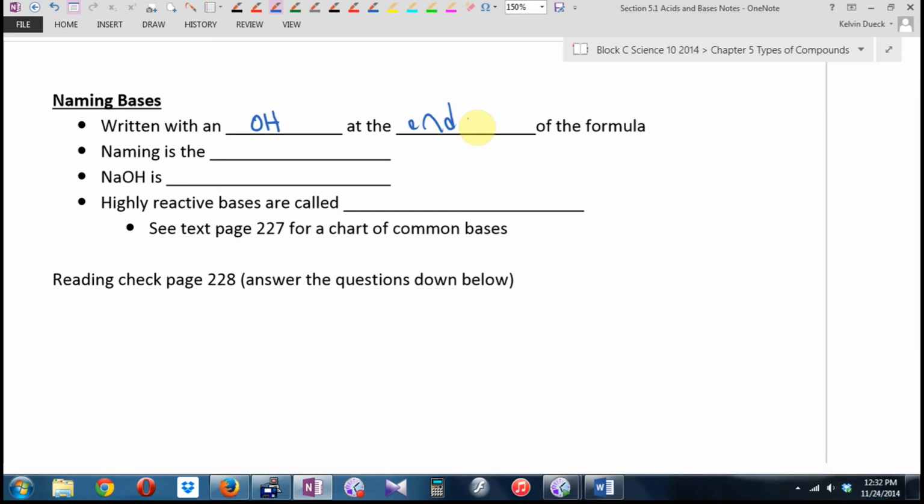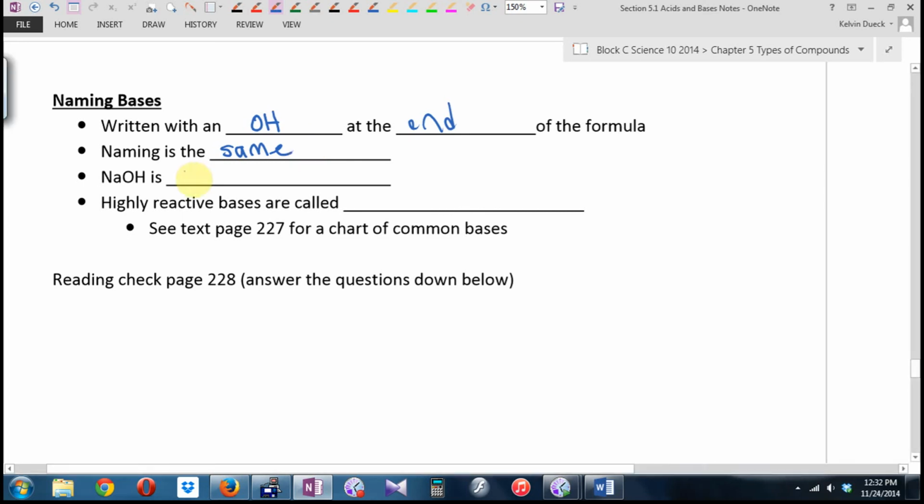Okay. How do I recognize an acid? Starts with an H. How do I recognize the base? Ends in an OH. At least there's kind of some symmetry there, starting with, ending with. Okay. Naming, thank goodness, is the same as before. Nothing has changed. OH has a name as a polyatomic ion on your periodic table, what is OH called?